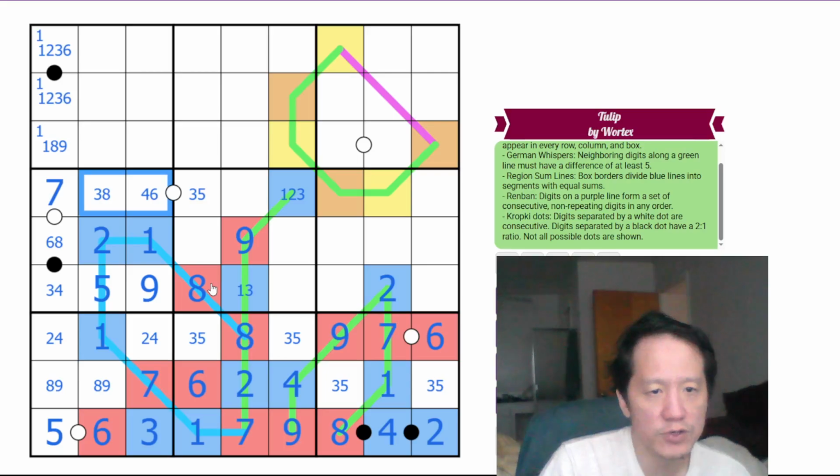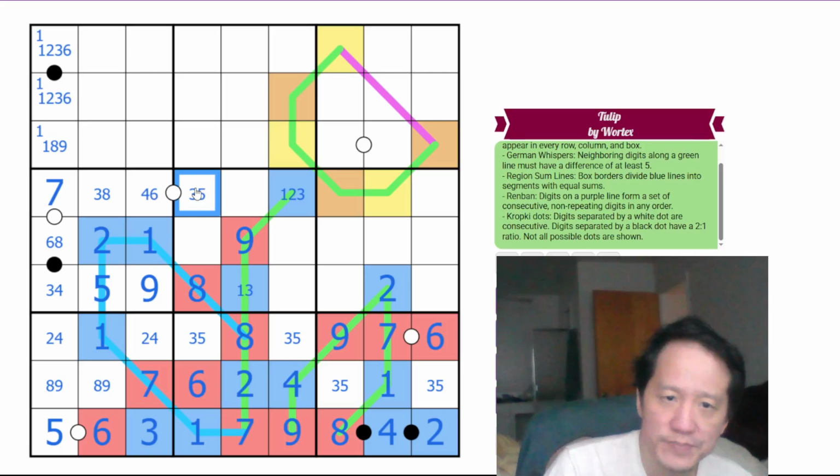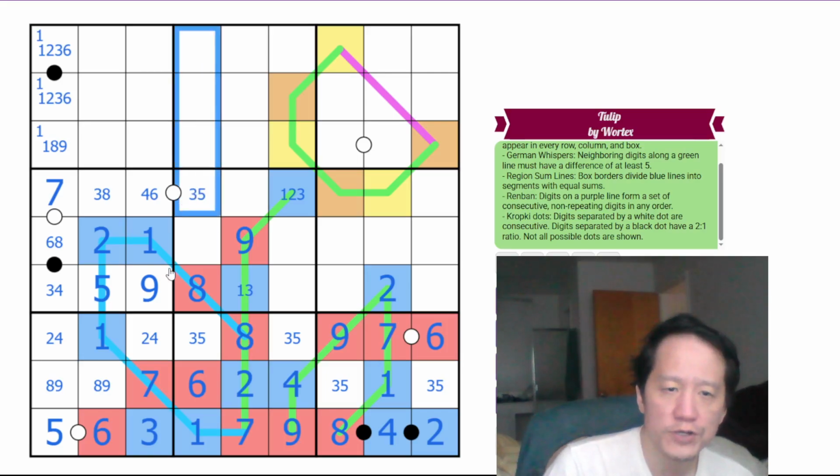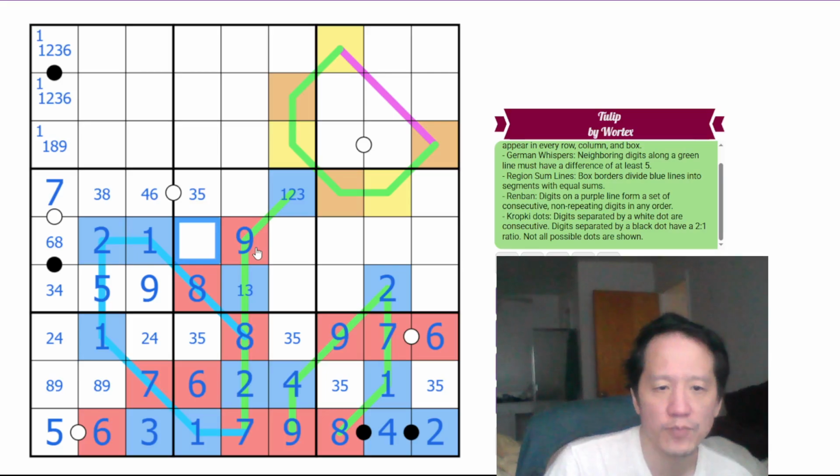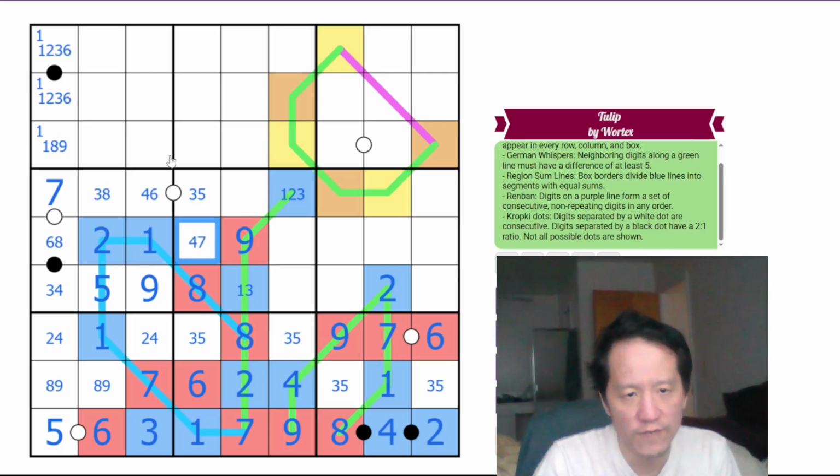Well, let's see what else do we have here. If this is 3, 6, this is 5. If it's 8, 4, it could be either 3 or 5. We know the rest of column 4 has to be 2, 4, 7, and 9. But this can't be 2 or 9, so this is specifically 4 or 7.